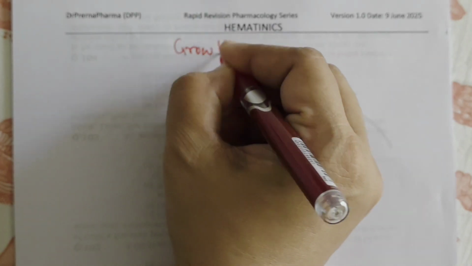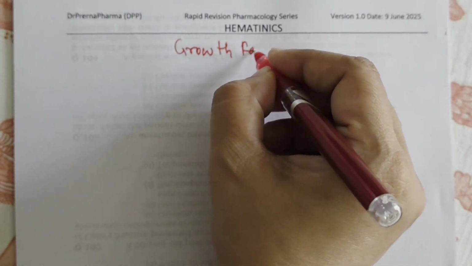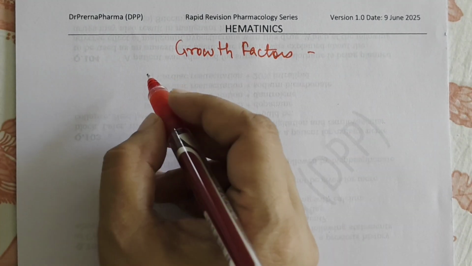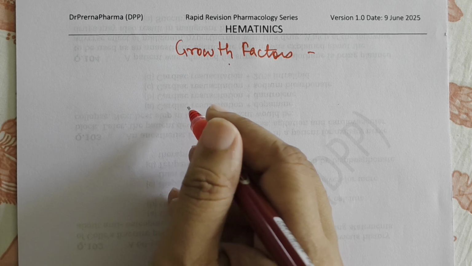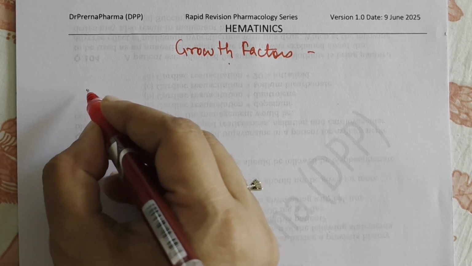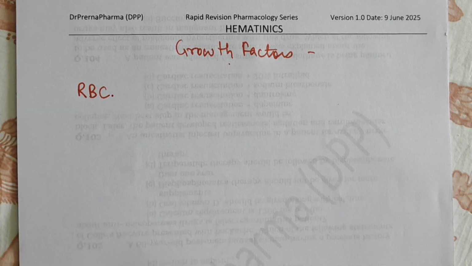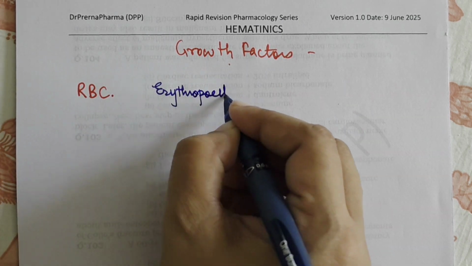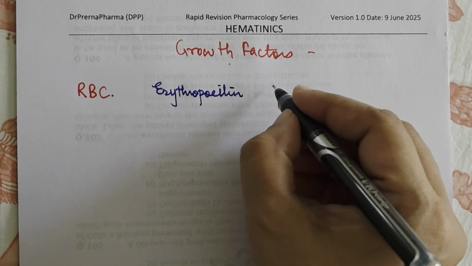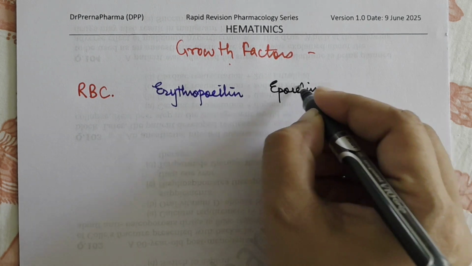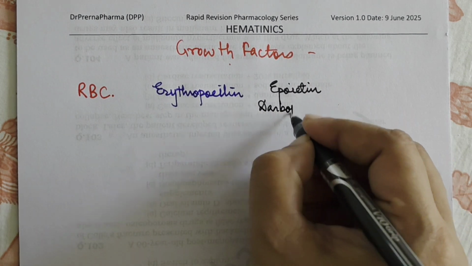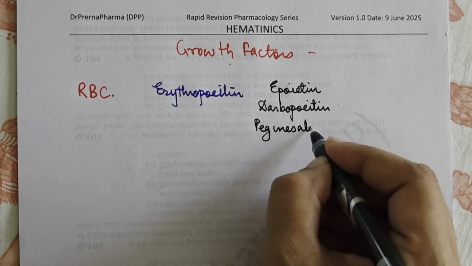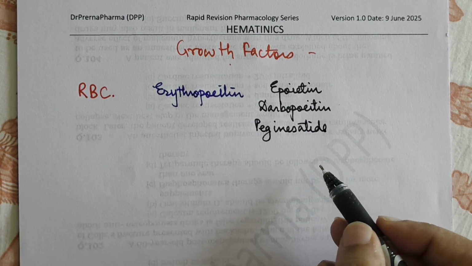Now coming to the growth factors. What are the growth factors which play a very important role? Let us make a classification first and then we'll take the growth factors one by one. The growth factor for RBCs is called erythropoietin, and the drugs which we have are epoetin, darbepoetin and peginesatide.